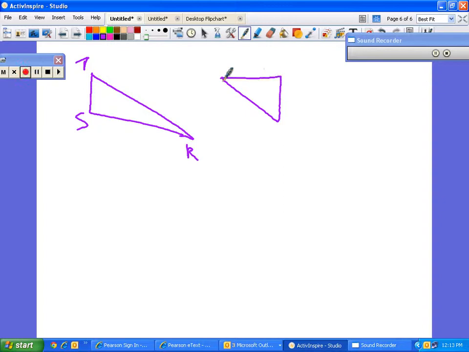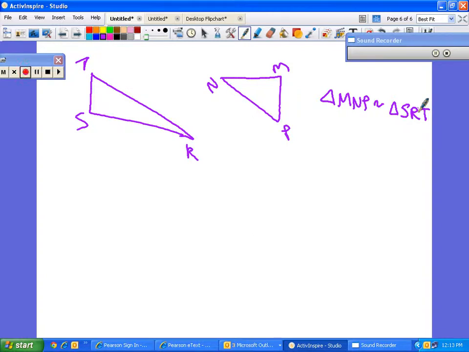Here's another triangle, MPN. And we are told that triangle MNP is similar to triangle SRT. And the question we want to know is, what are the pairs of congruent angles?